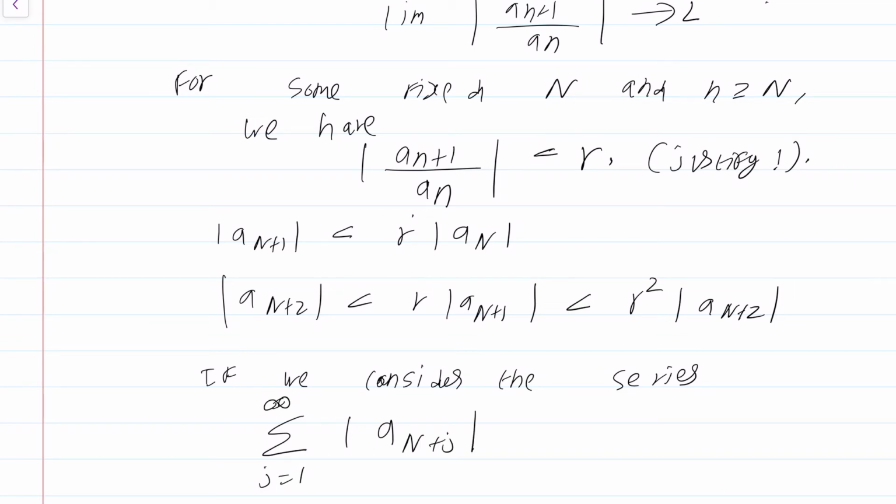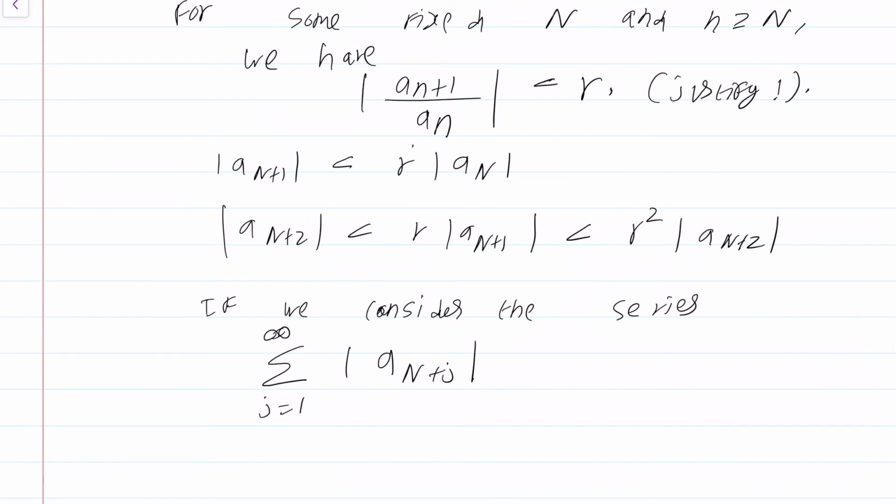If I consider this new series, then I know that 0 is less than or equal to, call this new series, let me call this Cj. 0 is less than or equal to Cj, and Cj is strictly less than r to the j times mod an.